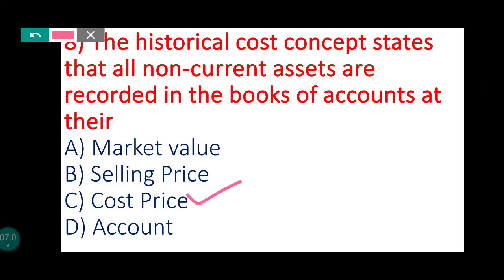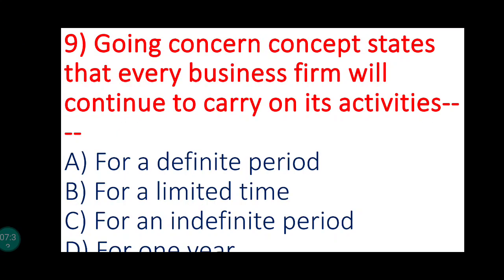The historical cost concept states that all assets are recorded in the books of account at their purchase price, that is cost price. Assets like building, furniture are recorded in the books of account at the price paid for them. Okay, that is cost price.